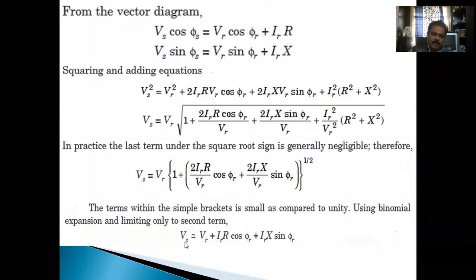So finally, the sending end voltage is approximately equal to VR plus IR into cos phi R plus IR into X into sin phi R. This is the final equation that we have obtained: the sending end voltage in terms of receiving end voltage.